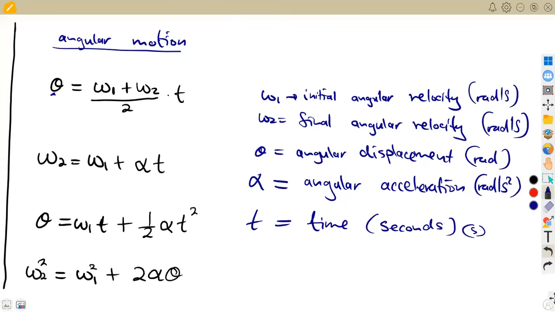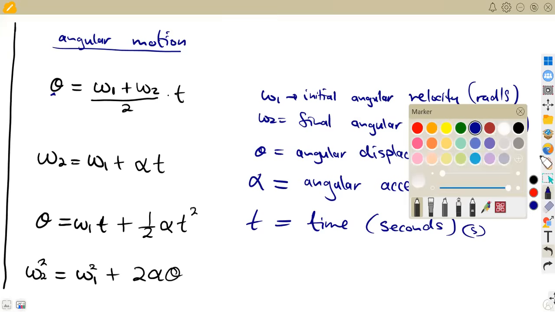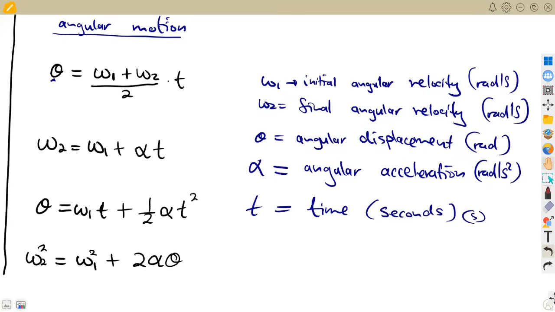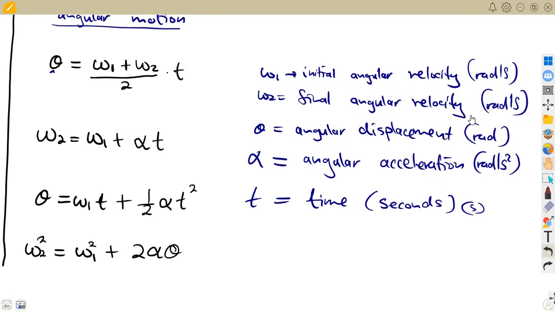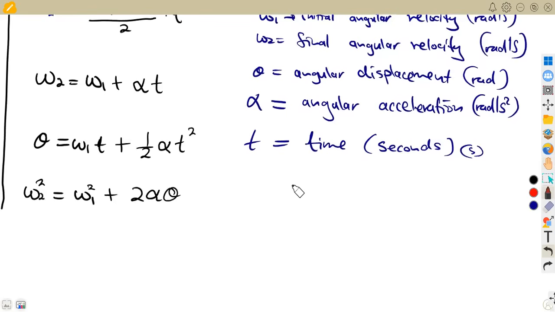The other part that you're going to have is just the relationship. Maybe we can just write it here, then we conclude everything. They'll also want you to know the relationship between linear and angular motion.